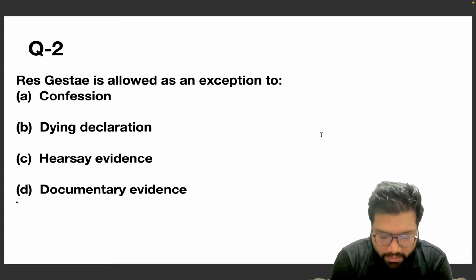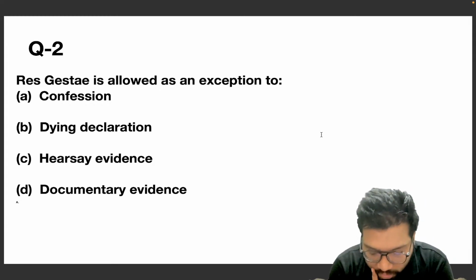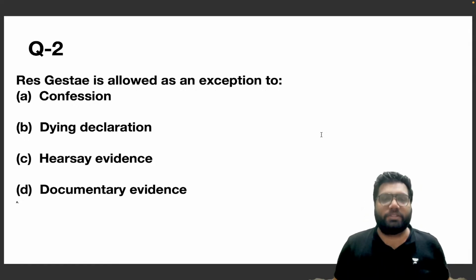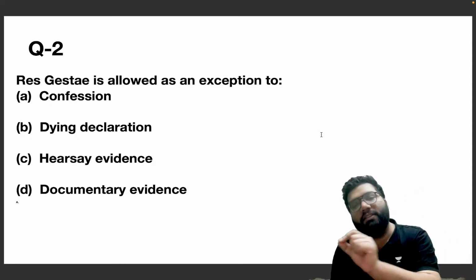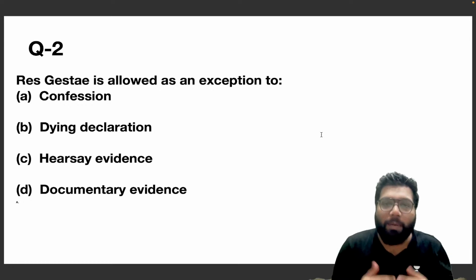Completely correct answer, Amit. The thing that was missing was spontaneous. There is no chance of planning and everything. Yes, the answer is correct, and that is, students, because when it comes to res geste, everything happened in the same transaction. You don't have the time to plan things.